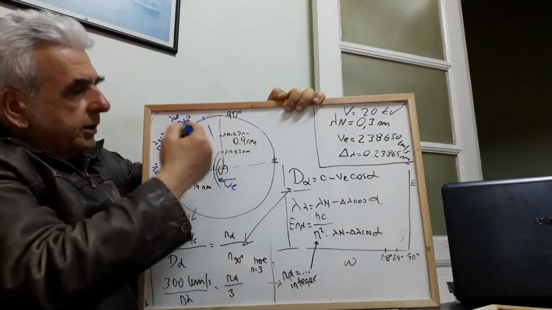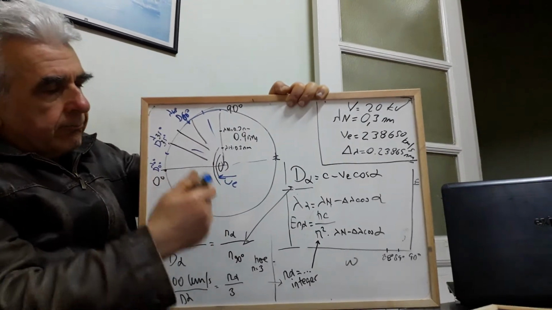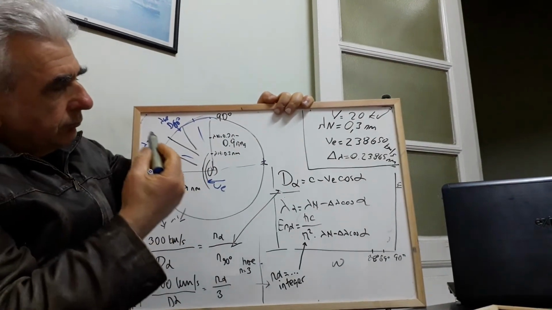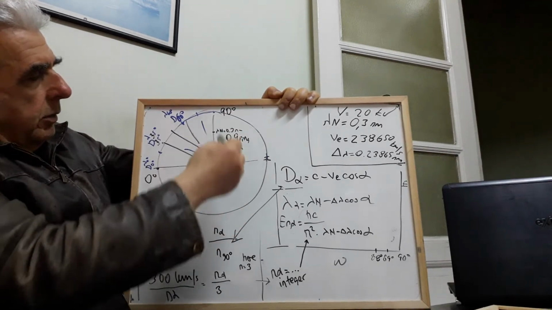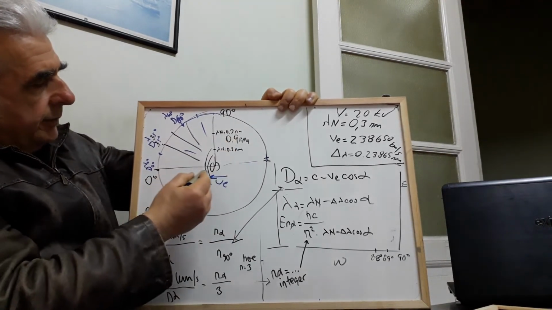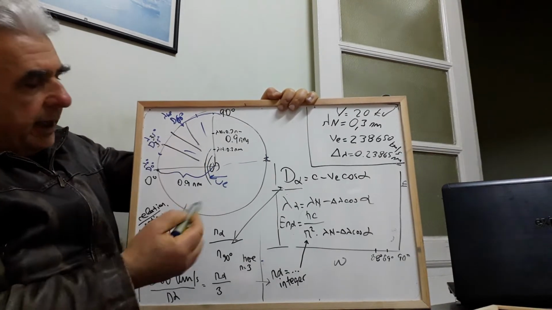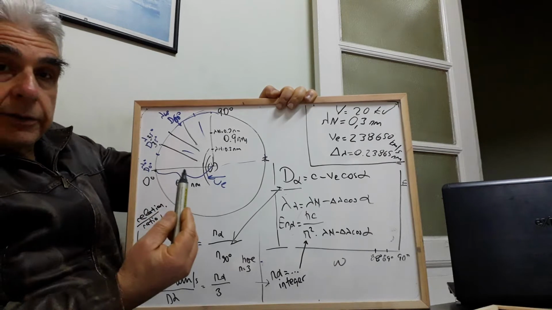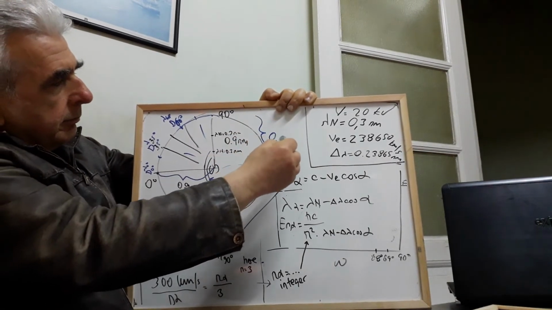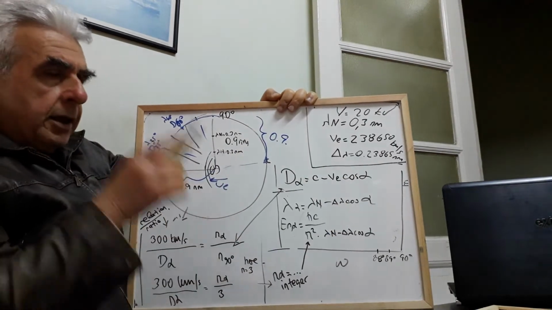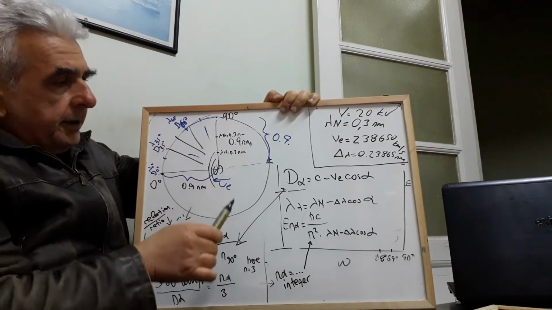For each point, it can detect energy. It can measure energy. What is the radius of this sphere? This sphere's radius is, say, 0.9 nanometer.